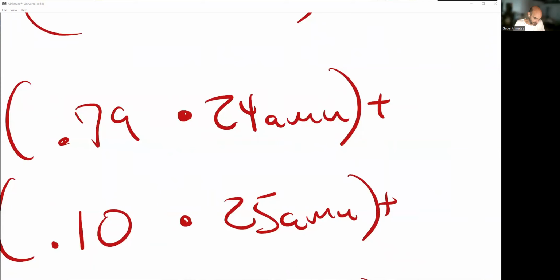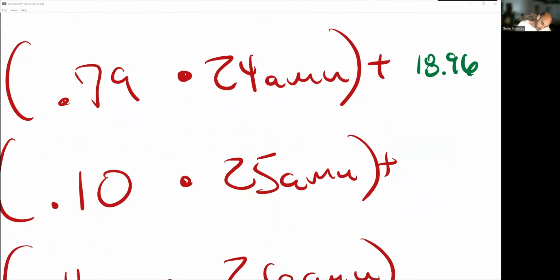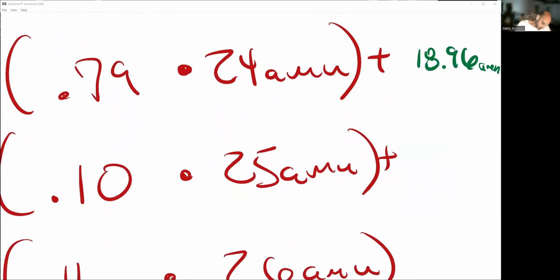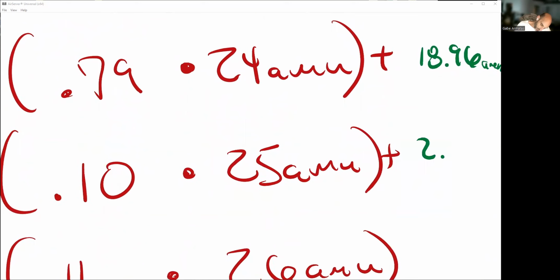Let's take a look. 0.79 times 24 gives me 18.96 AMU. 0.10 times 25 gives me 2.5 AMU.